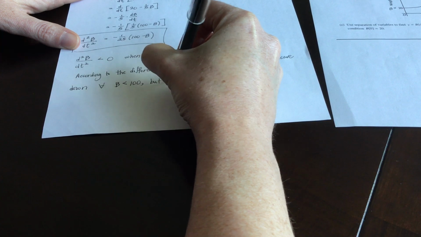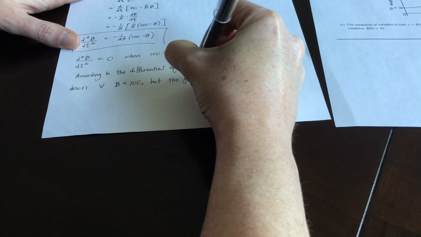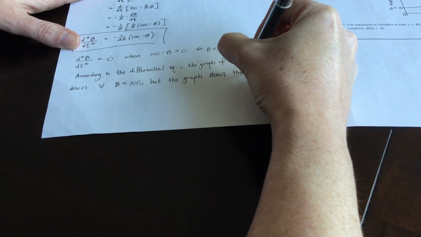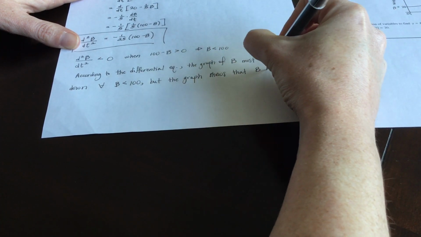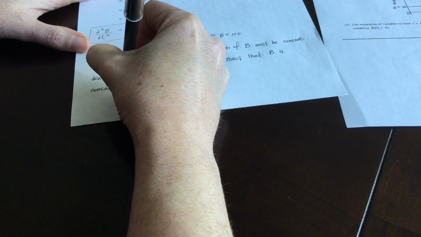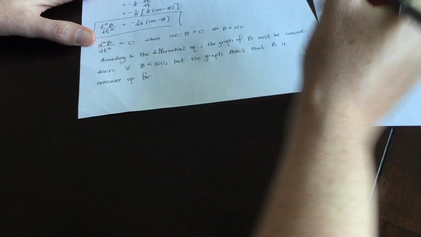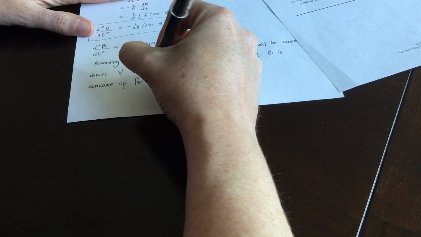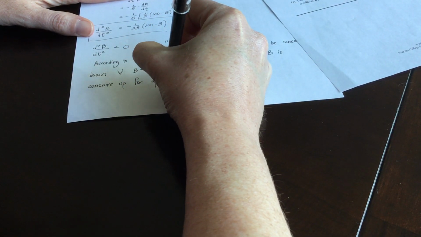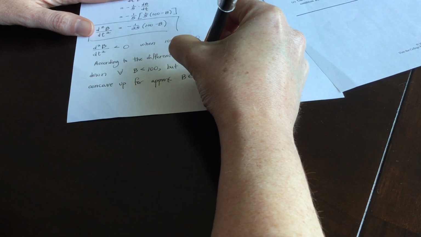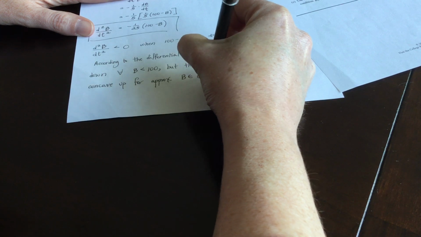But the graph shows that b is concave up for, and then I would approximate that it's concave up from 20 to 60, b being from 20 to 60. So I'll just say approximately b from, just say 20 to 60.